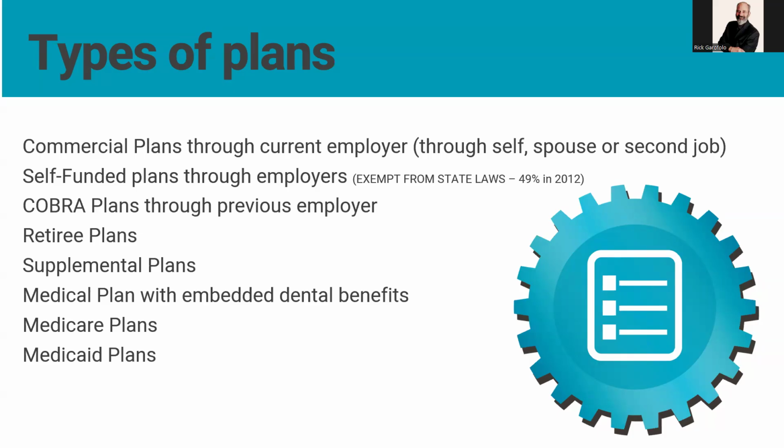But we have those commercial plans, whether it's through the patient, the spouse, maybe a second job, whatever it may be. Then we have self-funded plans. And these are self-funded employer plans.